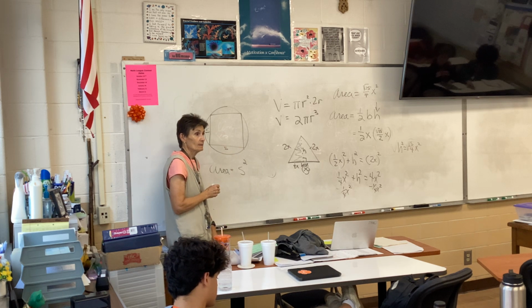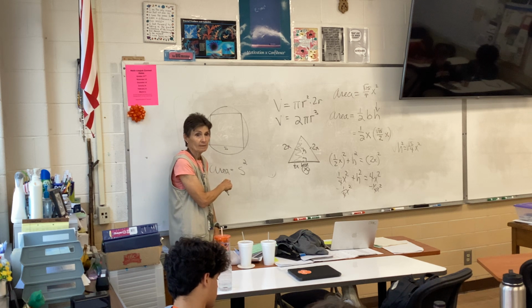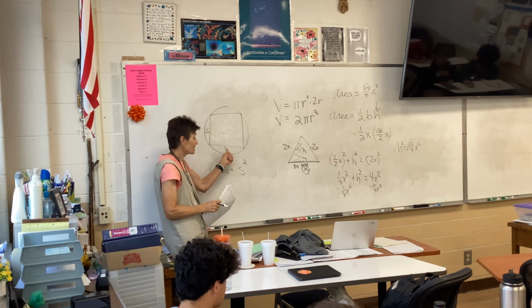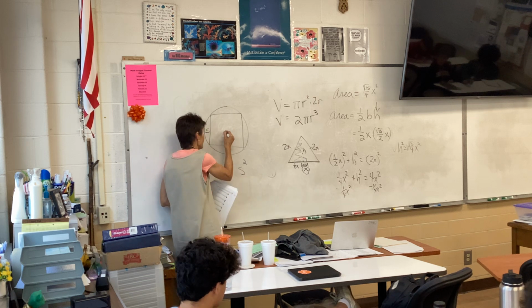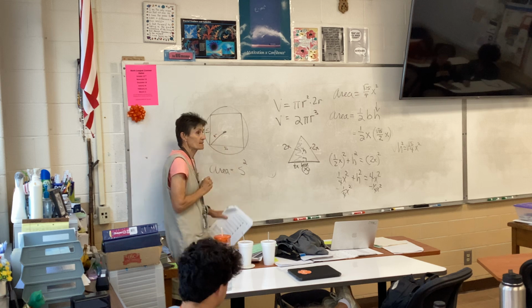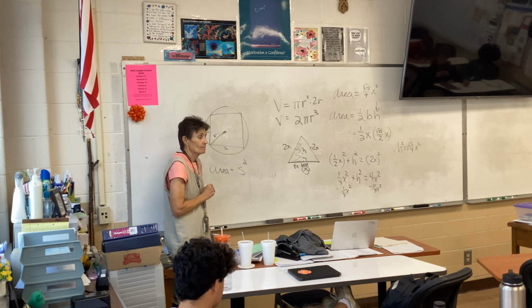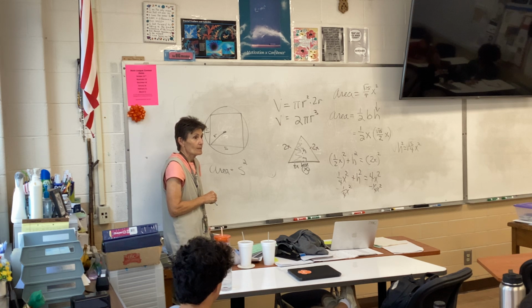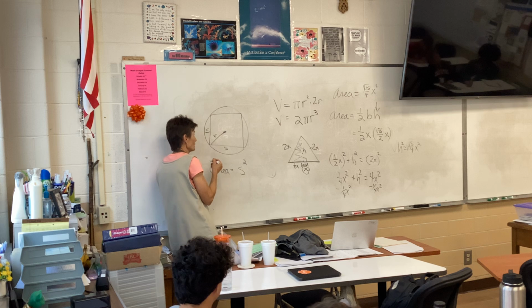Right? Now, what is the question? Write the formula for the area of a square, only instead of having the sides, we want the radius. That's what it says in the problem. So you have to find a relationship.